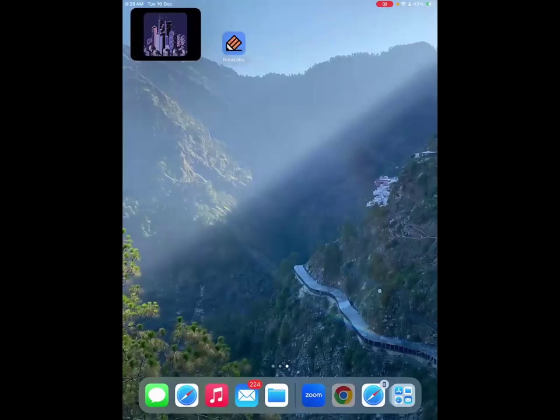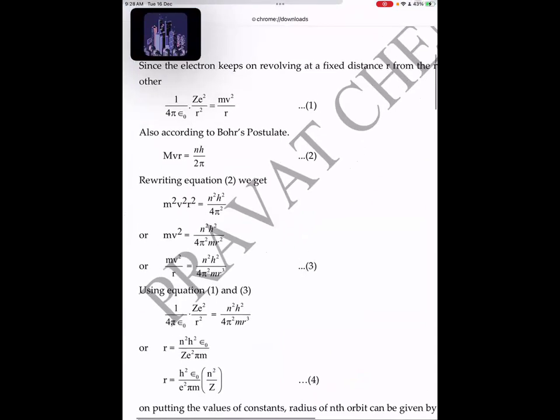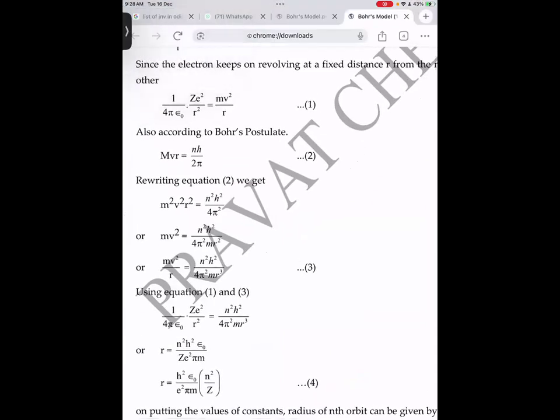So okay, then complete it and move ahead. Quick. Make it fast.